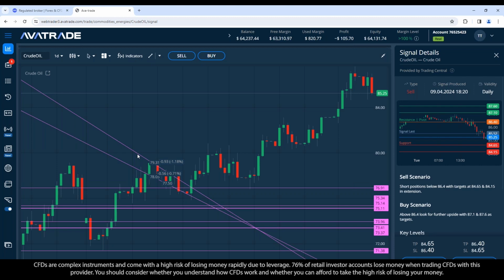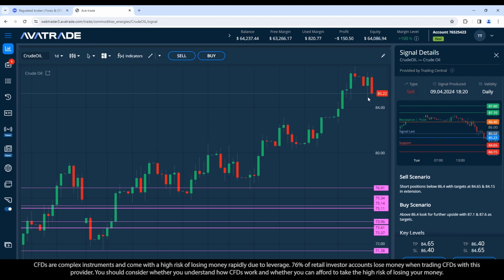And so with this pullback, if you believe these global fears about potential expansion of war in the Middle East could occur, and that there could be disruptions of crude oil supply lines, etc., then this could be an opportunistic spot to grab a price to buy from.